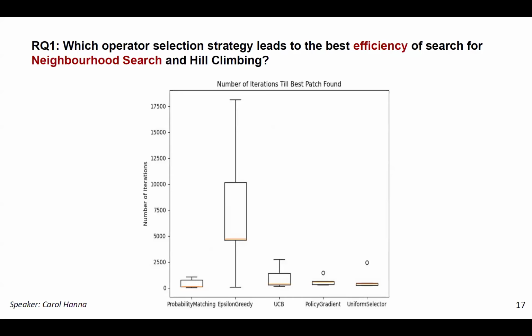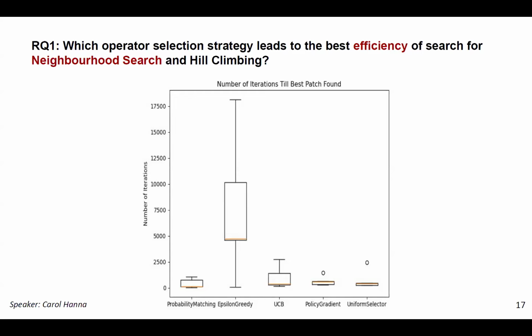All right, getting into the efficiency of the neighborhood search. Here we plot the number of iterations till the best patch is found. And we can see that for most of the algorithms, they pretty much overlap. But the epsilon greedy is definitely the outlier. And this touches on the point that Emeric brought up earlier, which is the fact that MagPie caches the fitness of variants that it's seen before.